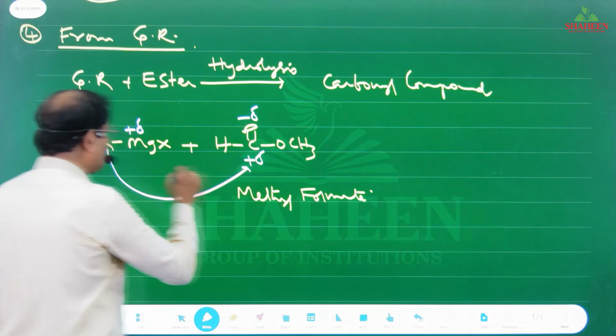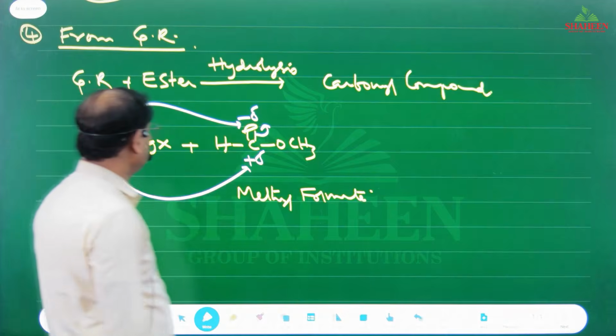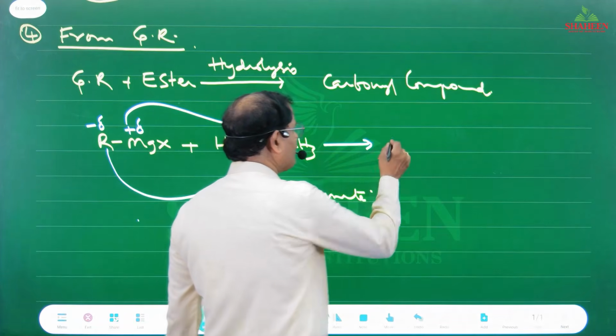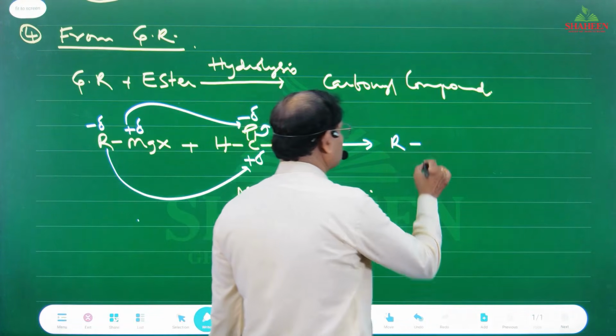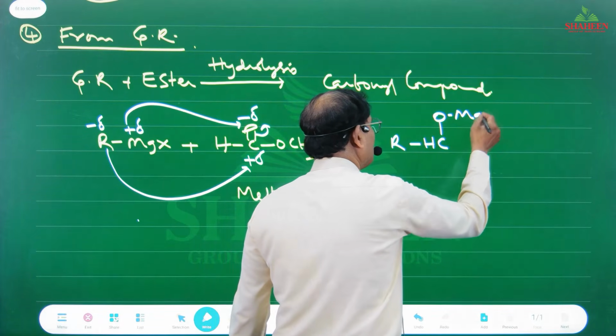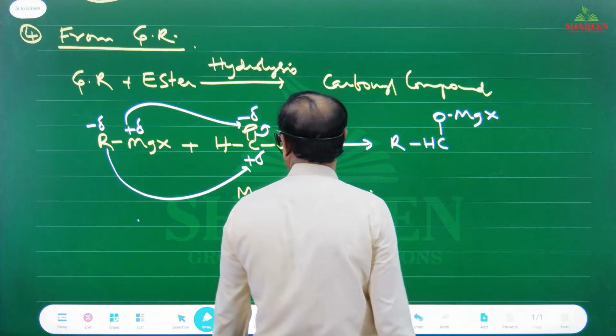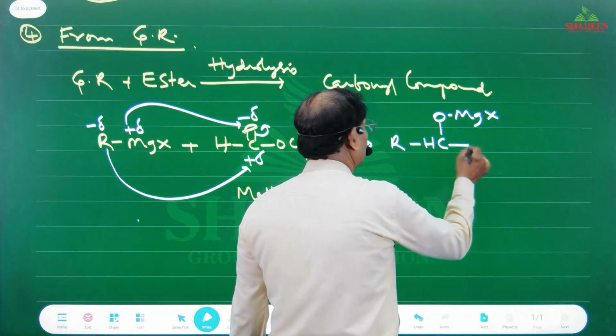The negative end attaches to the positive, and the positive attaches to the negative. In this way we get an adduct, HC(OMgX)OCH3.